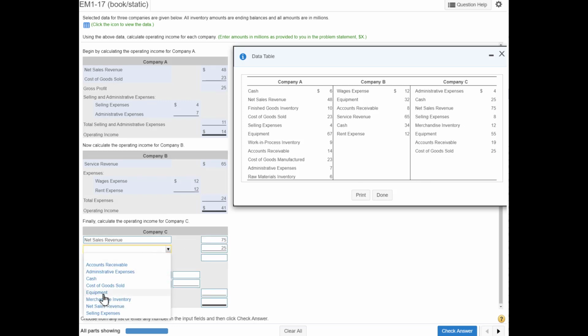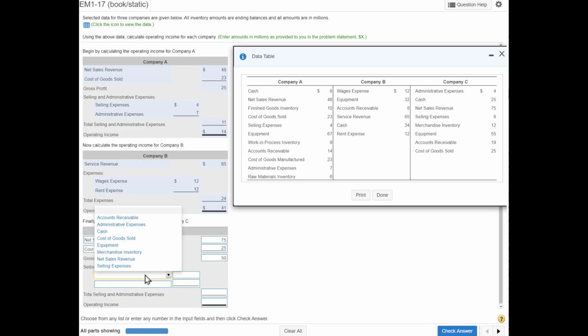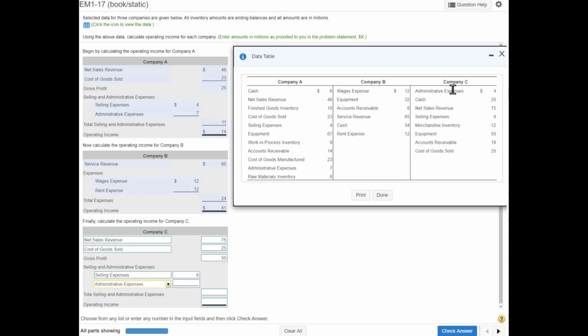So we're going to take sales revenue, subtract cost of goods sold, and that gives us our gross profit of 50. And then we have our selling and administrative expenses. Selling expenses are 8, which we get from right here. And our administrative expenses are right here, 4.